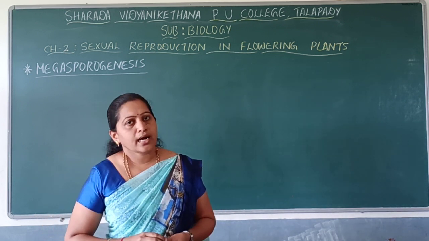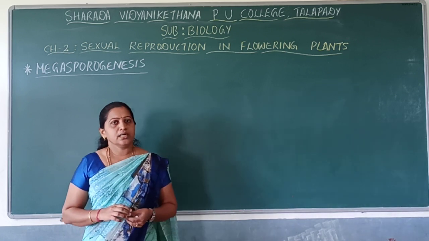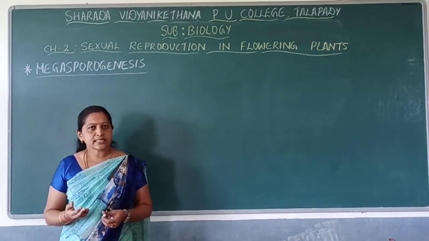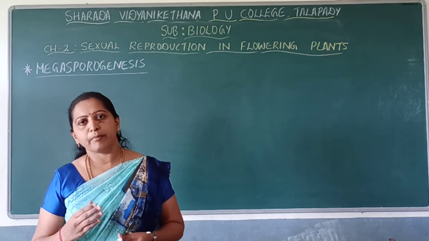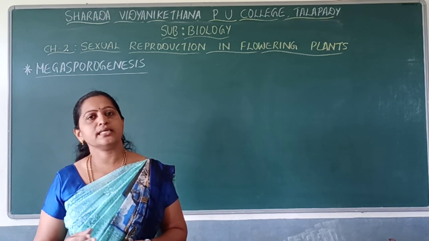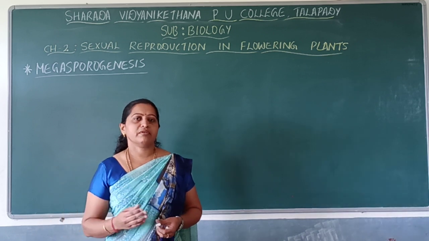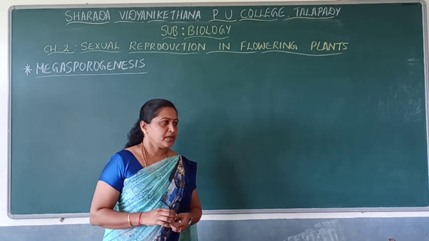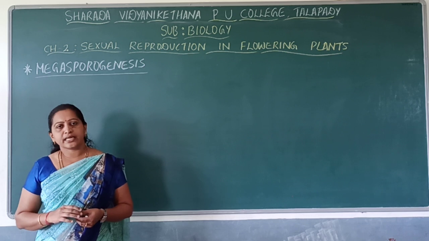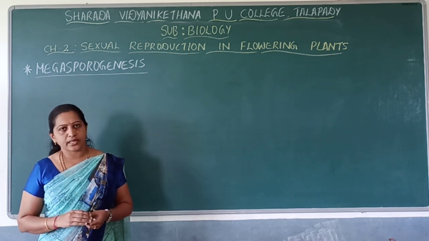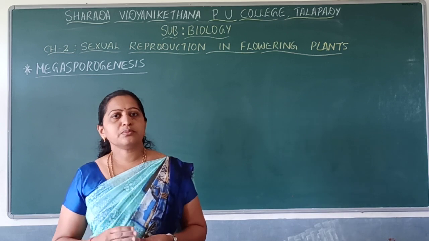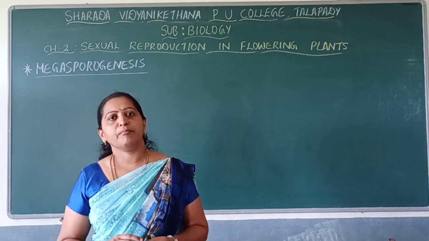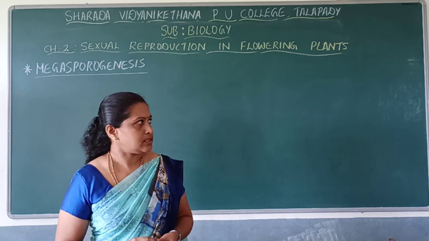So today in our class we are going to discuss the nucellus cells, how the nucellus cell will develop into a megaspore, as well as how the megaspore develops into the embryo sac. This event mainly takes place inside the megasporangium or ovule, and the process where a megaspore is formed is known as megasporogenesis.